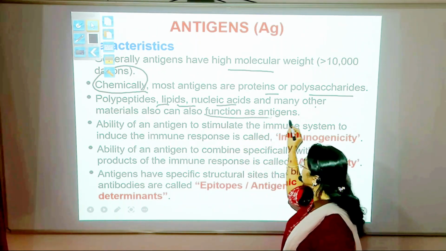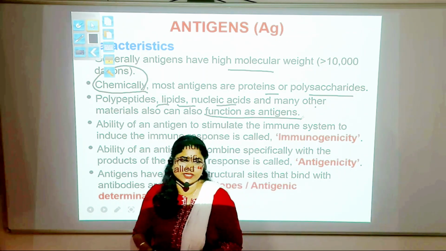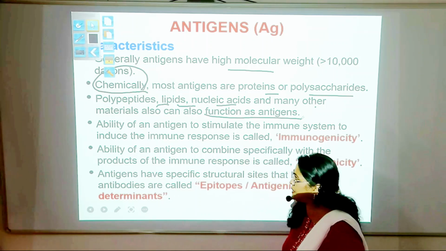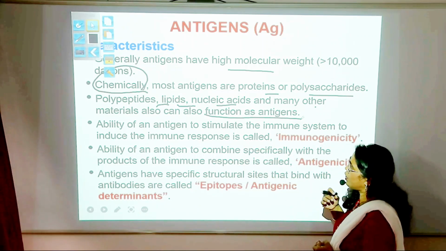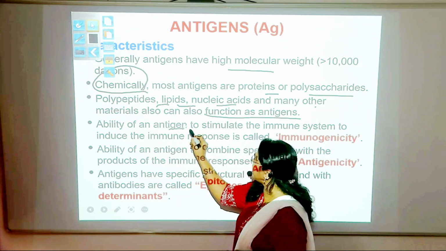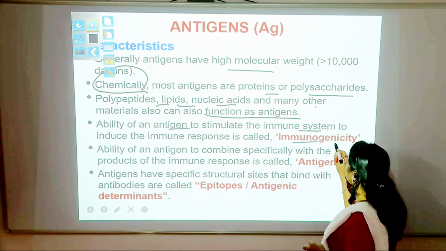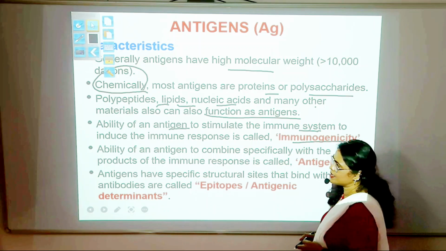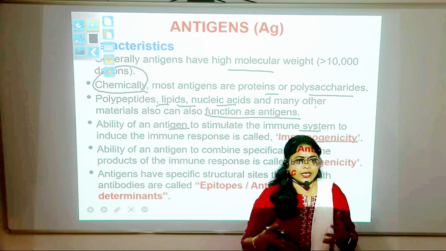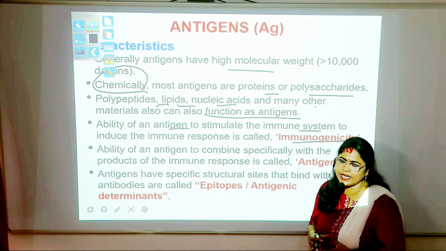So, the biological nature of these antigens: these molecules are either proteins, lipids, lipoproteins, or nucleic acids. An antigen has an ability to stimulate an immune system, and that is called immunogenicity. When anything enters your body and cannot induce an immune response, then you cannot call that an antigen.